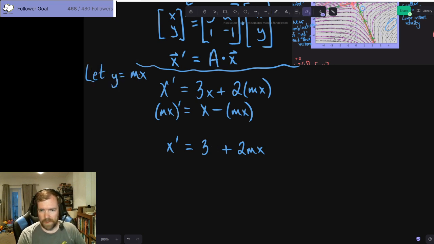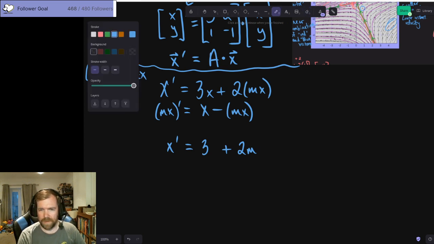We can also factor, to get it in that next separable form. Right, and this one's going to be mx prime.